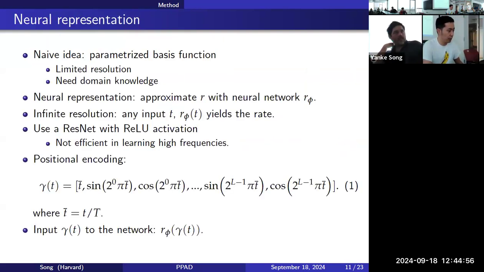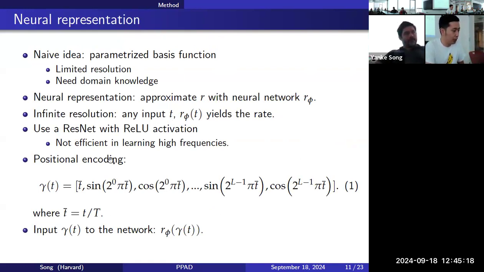So a modification that I'm doing here is what is called positional encoding. This was actually invented for transformers, but people later found it's pretty useful also in neural representations. Basically, instead of feeding the original t, which is just a time value, I'm encoding t with sines and cosines of different frequencies of t, and feeding this encoded t, which is a higher dimensional thing, into the neural network.